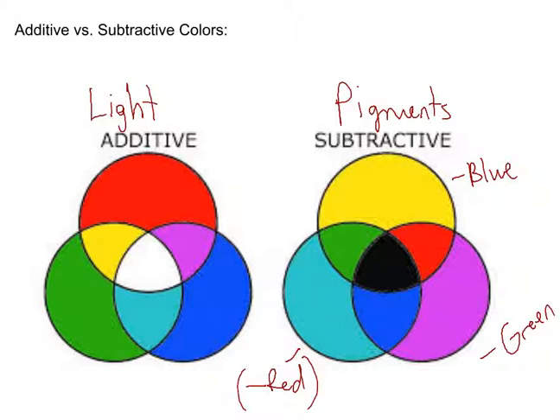A green pigment is one that subtracts out red and blue. So it's minus red, minus blue. A red pigment is minus blue, minus green. And then a blue pigment is minus green, minus red. Okay? And then of course a black pigment is one that subtracts everything.